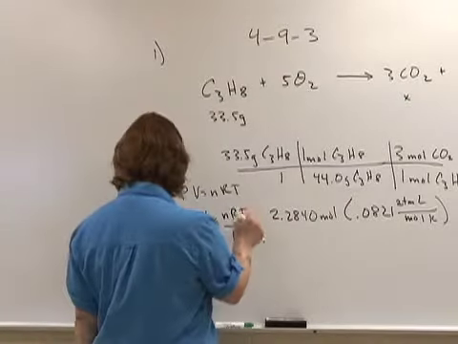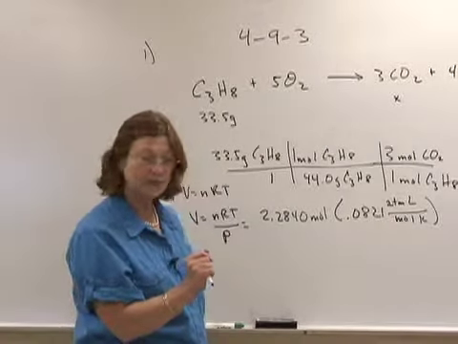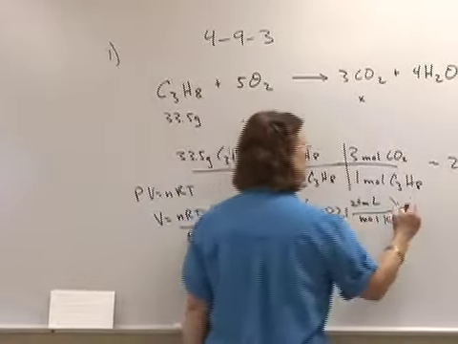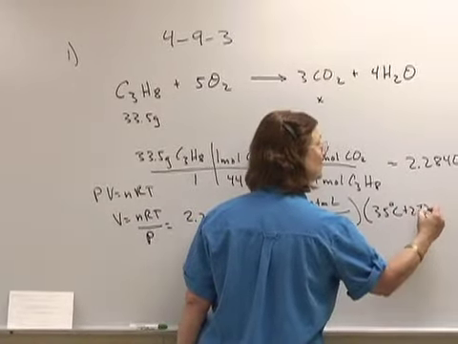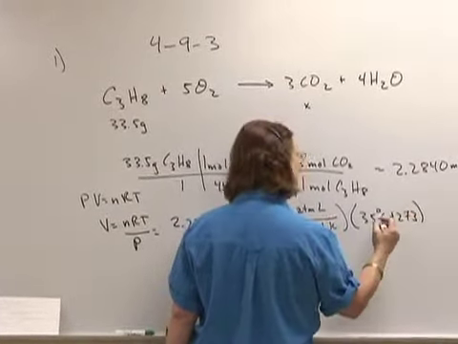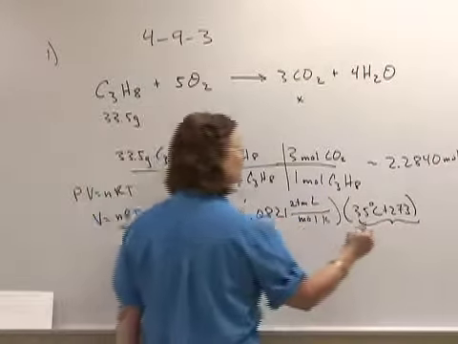And then my temperature is given as 35 degrees Celsius. So I must have 35 degrees Celsius plus 273, and that value then is 308 Kelvin.